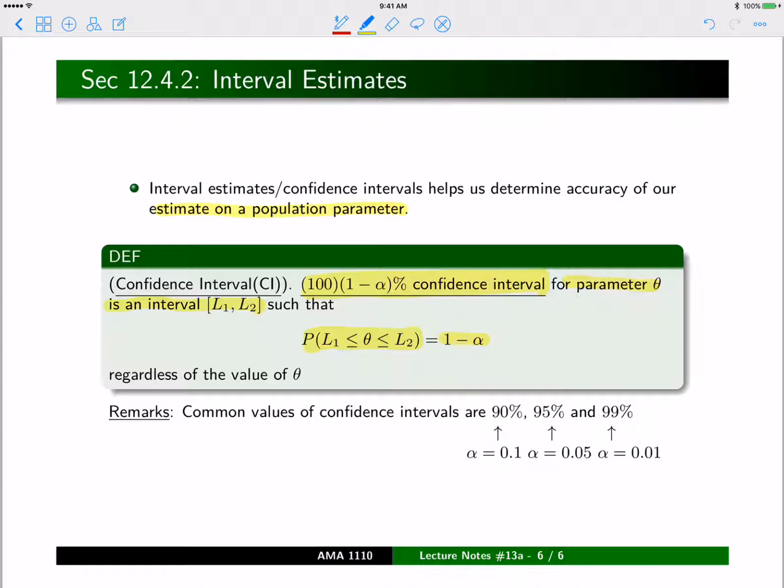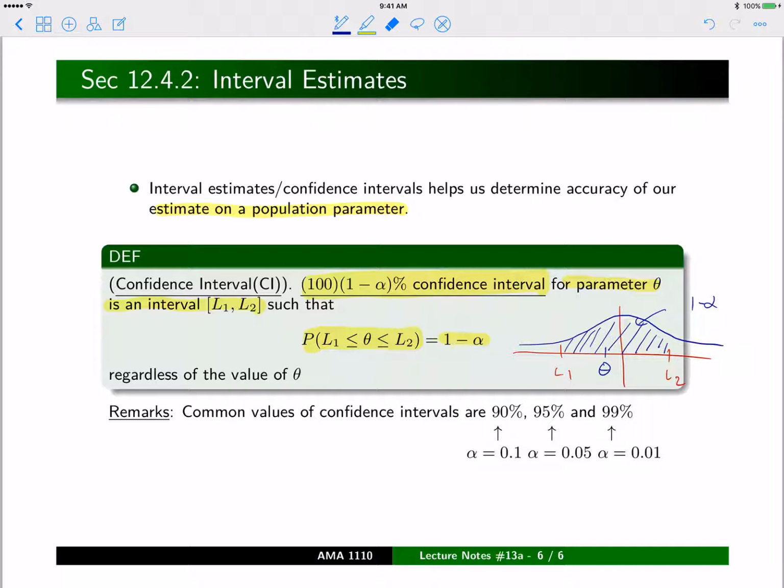Picture-wise, this is L1, this is L2, and here's the probability distribution. The true population parameter must lie in the shaded region with probability 1 minus alpha.